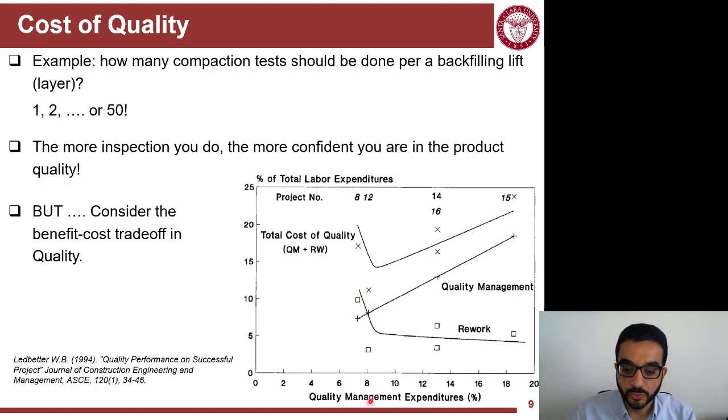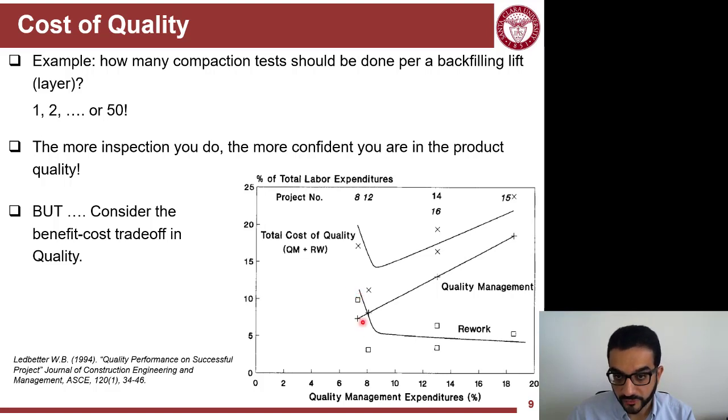So quality management expenditure here relates to how many tests, which is the representation of the amount of effort you put into testing and quality. The less expenditure on quality management you have, of course, the lower the quality management process cost, but the higher the possibility of rework.